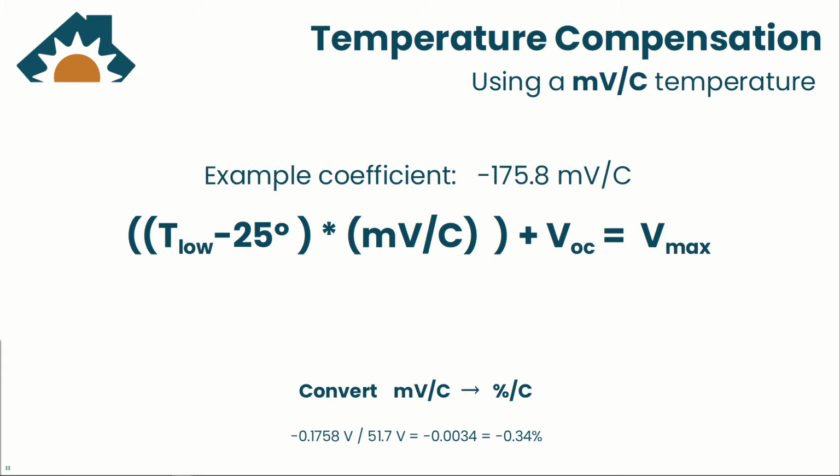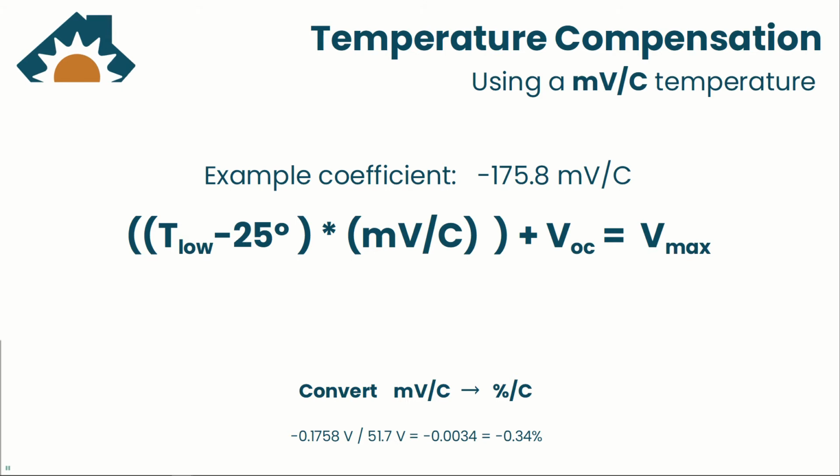Sometimes the specs will also give it in millivolts per Celsius instead. This is the equation when given the temperature coefficient in millivolts per Celsius. Here is an example of how the temperature coefficient is given in millivolts per Celsius. You can also convert it to percent per Celsius if you need to by taking the millivolts per Celsius and dividing it by the voltage, and that will give you percent.